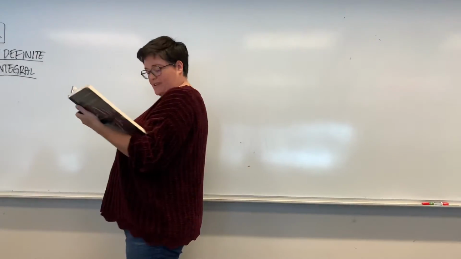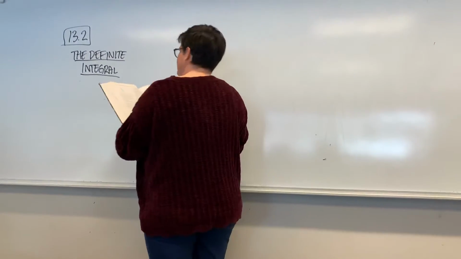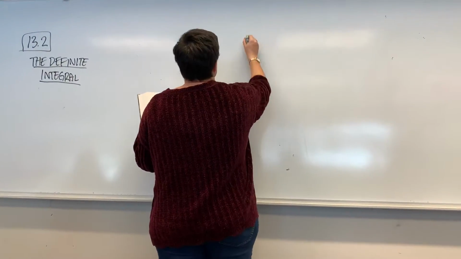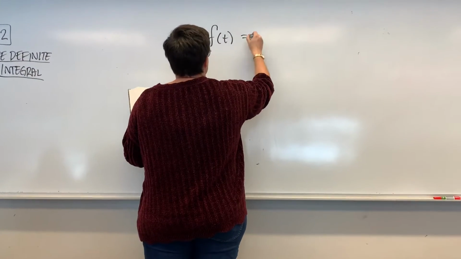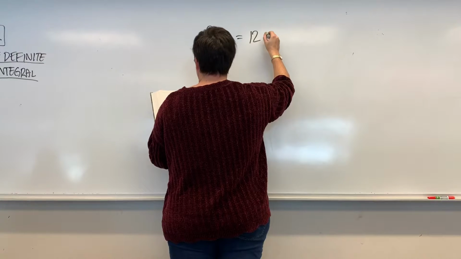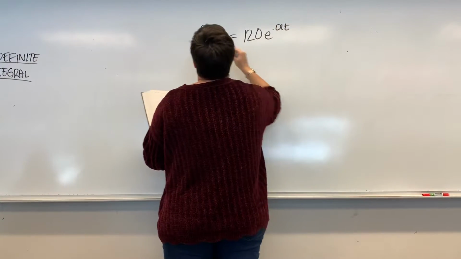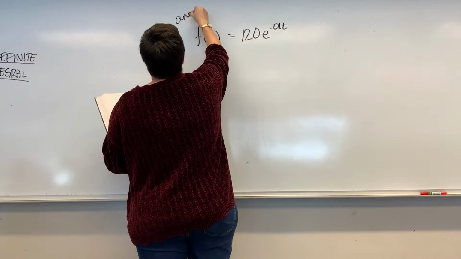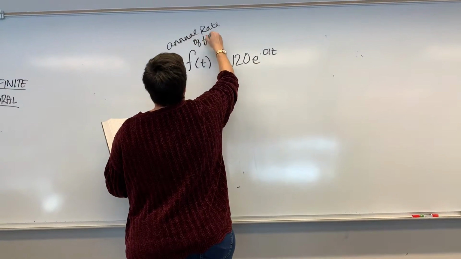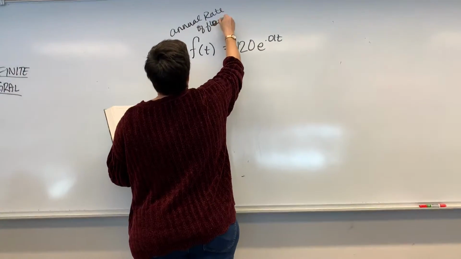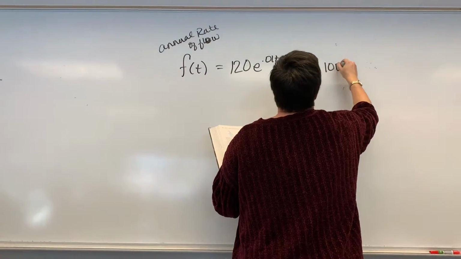Suppose that a vending machine service company models its income by assuming that money flows continuously into the machines, which always cracks me up, with an annual rate of flow given by f of t equals 120 e to the 0.01 t. So this is the annual rate of flow, and this is in thousands of dollars.